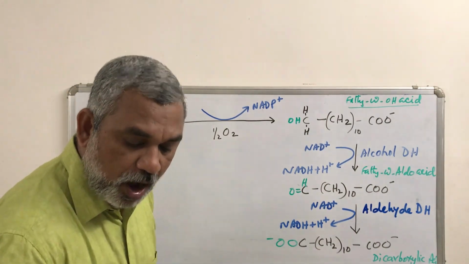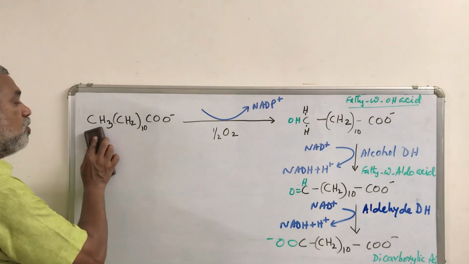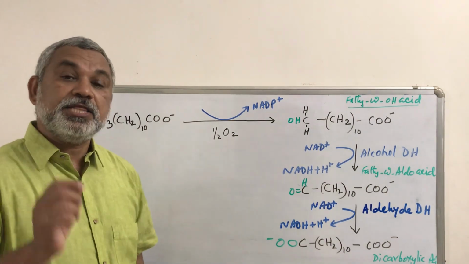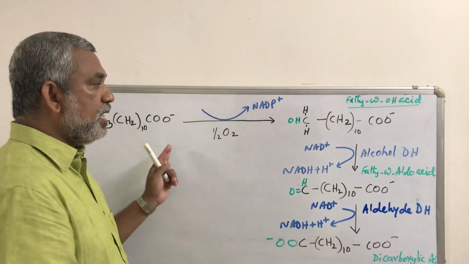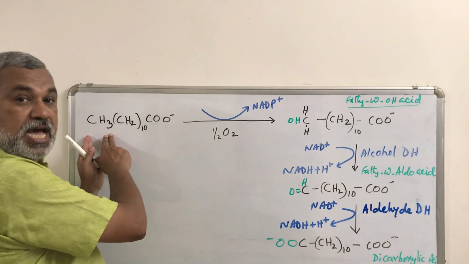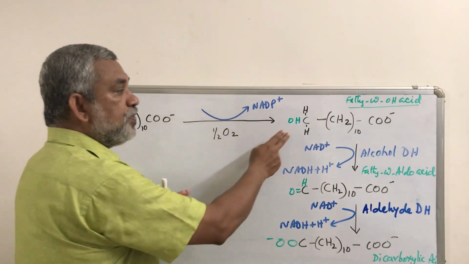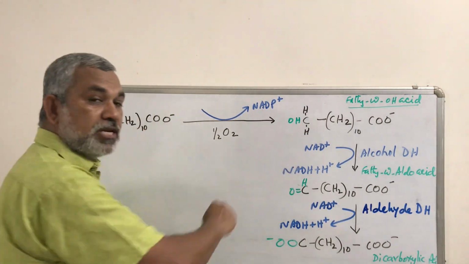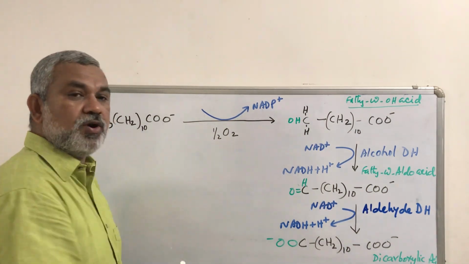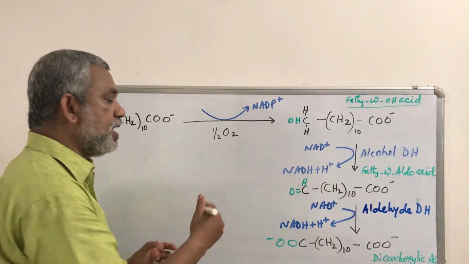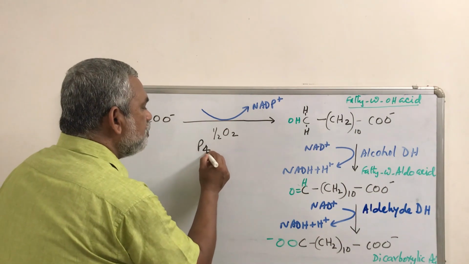Let us see how this proceeds towards oxidation. Step number 1 is the conversion of this methyl group, the omega carbon atom, into an alcoholic group. And this alcoholic group conversion is carried out by a P450 system.